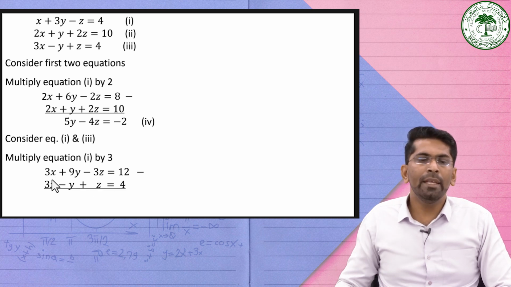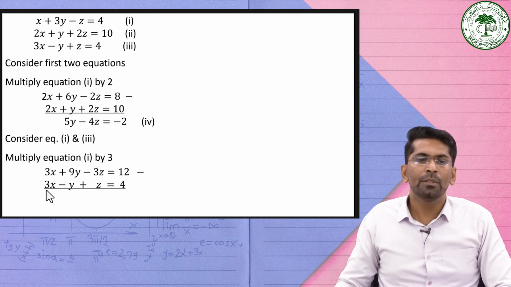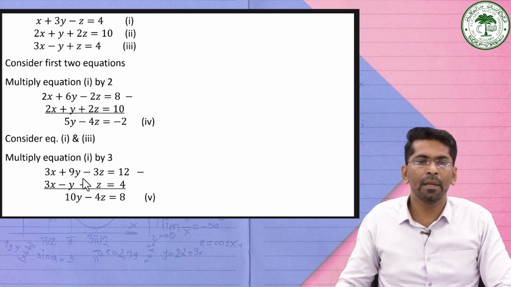So in order to eliminate the variable x, we have to subtract both equations. So here, 3x will be cancelled out. 9y minus y: minus y will become plus, so it will become 10y.